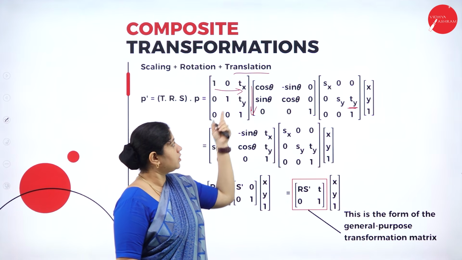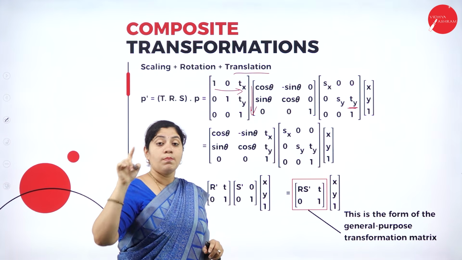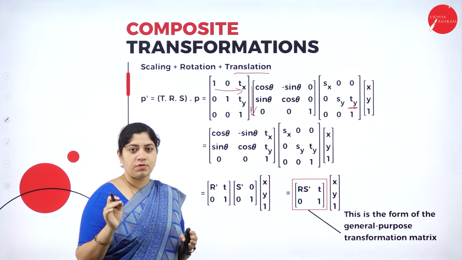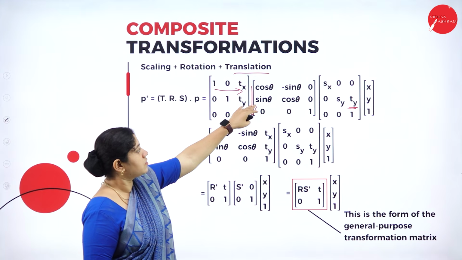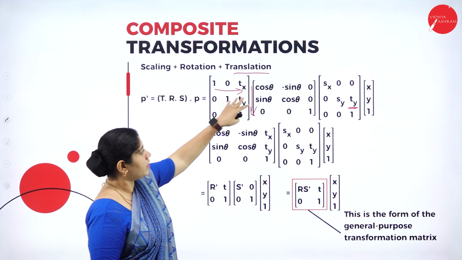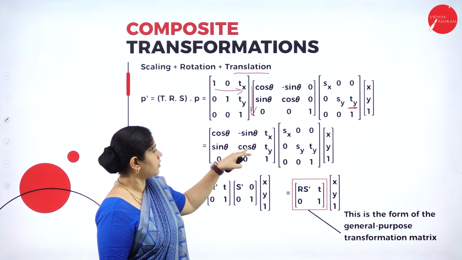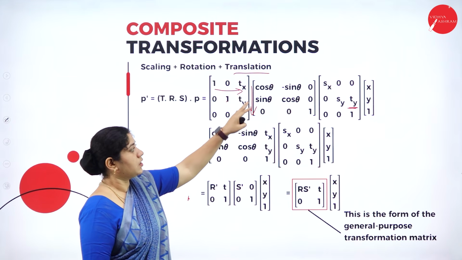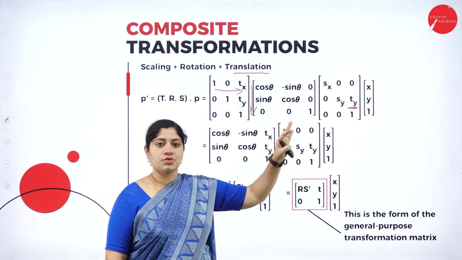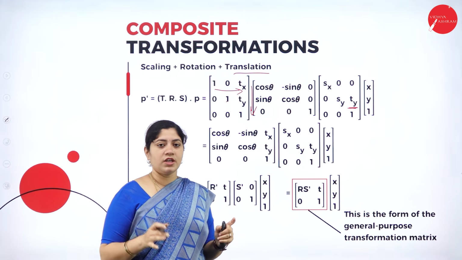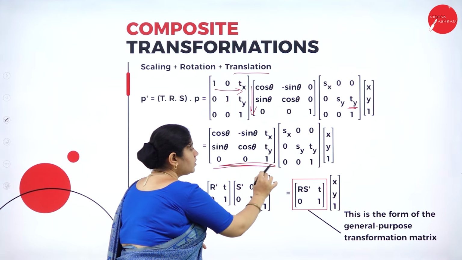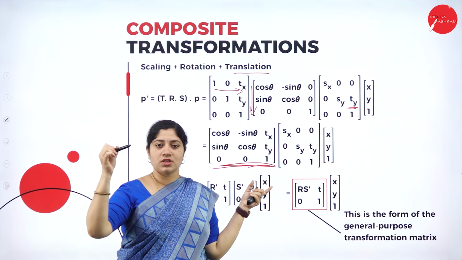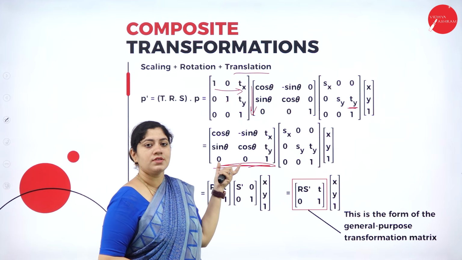So you have to do the matrix multiplication. Here you won't get 0, because you have 1 into cos theta, you will be resulting with cos theta itself, then 0 into sin theta plus, again you have to do the process. So if you do that multiplication, you will be resulting with this matrix. If you have any doubt, you can check by multiplying, you will be getting this result.